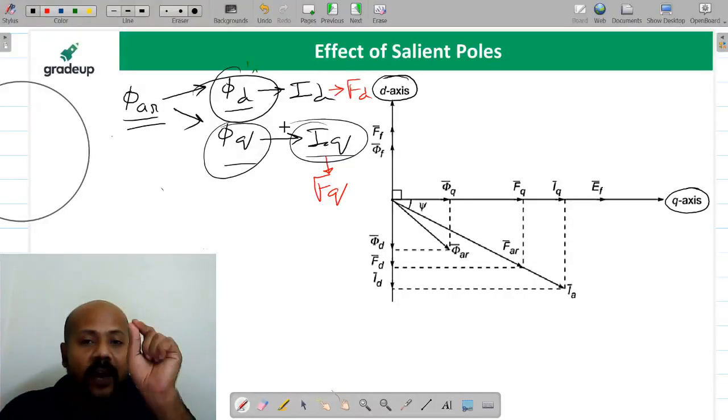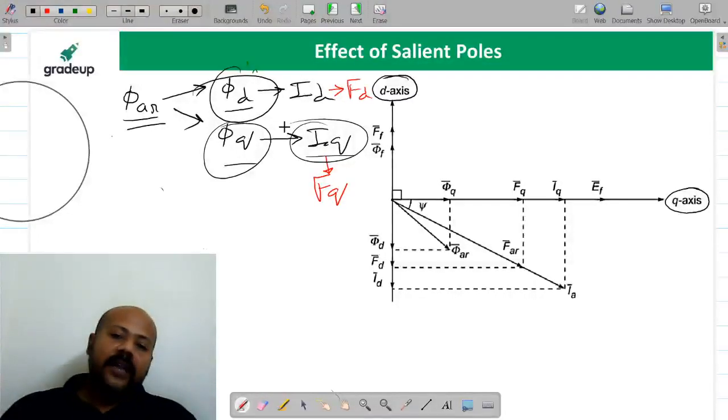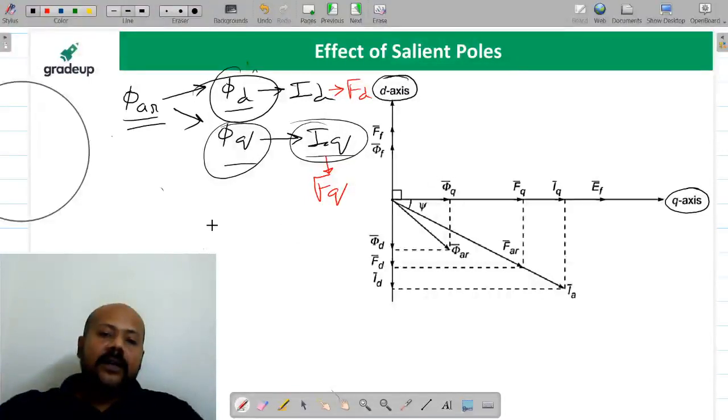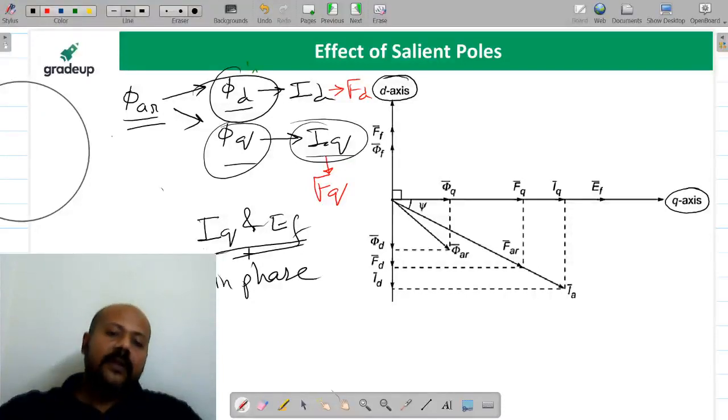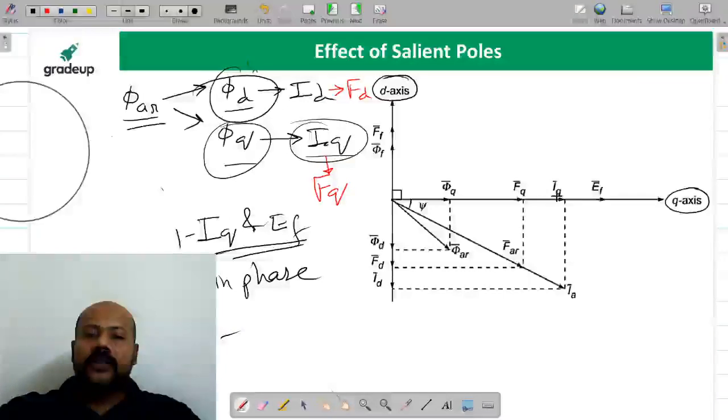Now one thing you have to remember in your mind. What is that? Beta, your IQ and EF, they are going to be in phase. That is the first point, a very important point. You can see your IQ and excitation EMF are in the same phase.